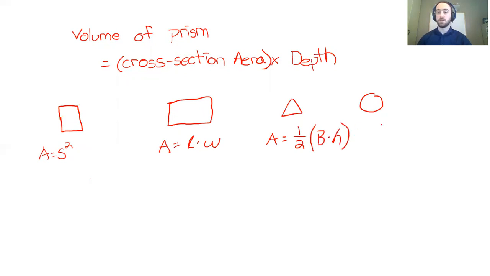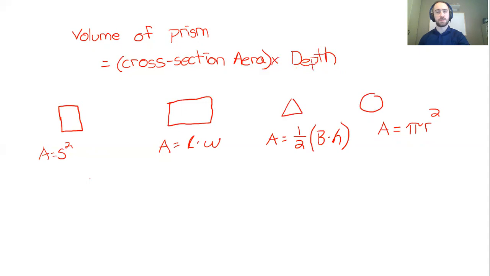And the area of a circle, we know it to be pi r squared, r being the radius of the circle, right? Nothing new there. And the depth is simply how high the cylinder or the rectangular prism or triangular prism itself is.